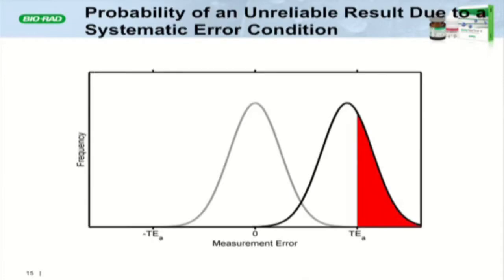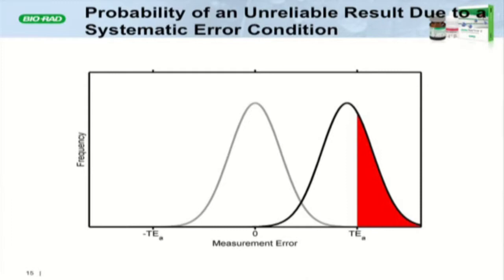So this is the way you can think about the likelihood of an incorrect result being produced because of an out-of-control condition. The gray colored frequency distribution centered on 0 is meant to represent the distribution of measurement errors for a process that's operating in a stable state. It's in control. So the measurement errors are centered on 0, and the width of that distribution is reflecting inherent analytic imprecision.